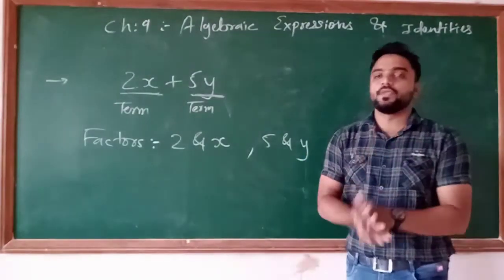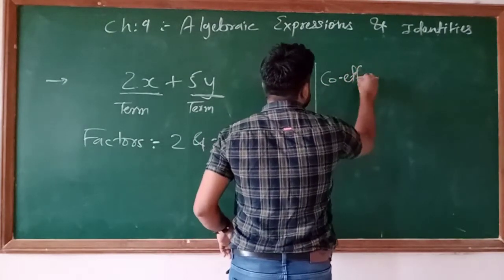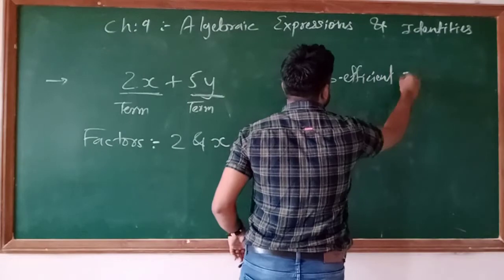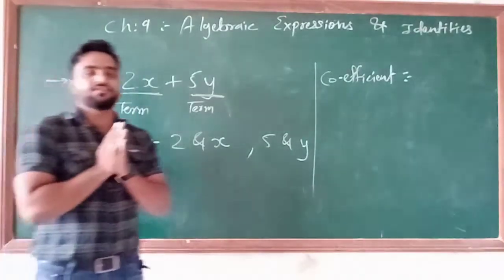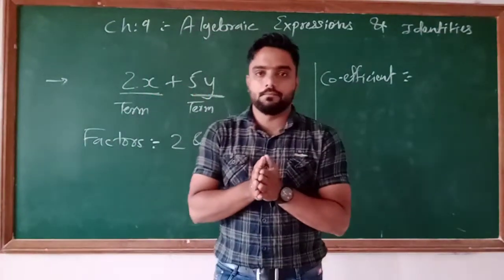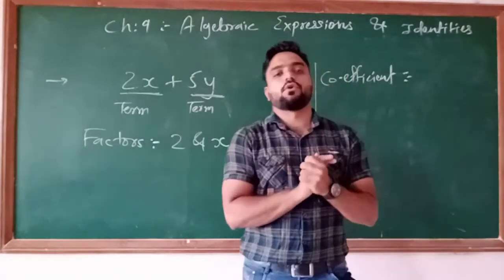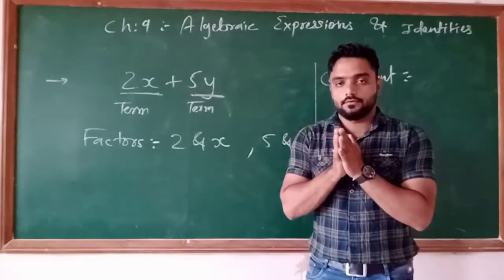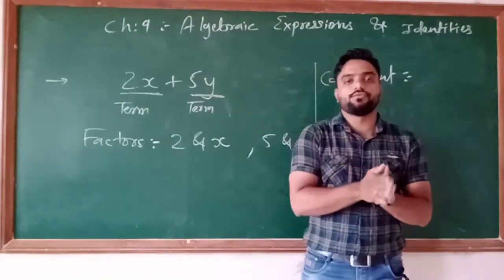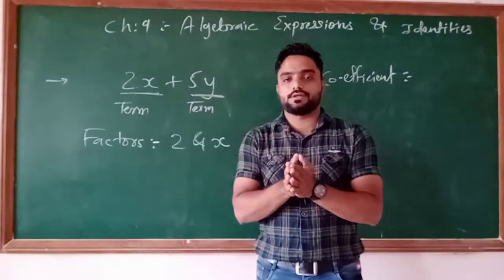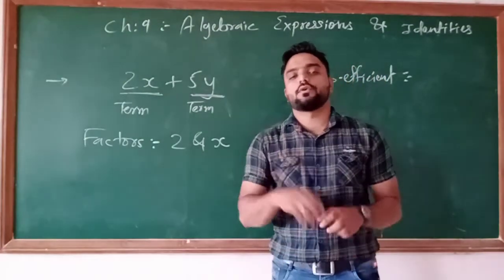Okay, now the next one is coefficient. What do you mean by the coefficient? A known number along with an unknown number, or the variable, is called the coefficient.